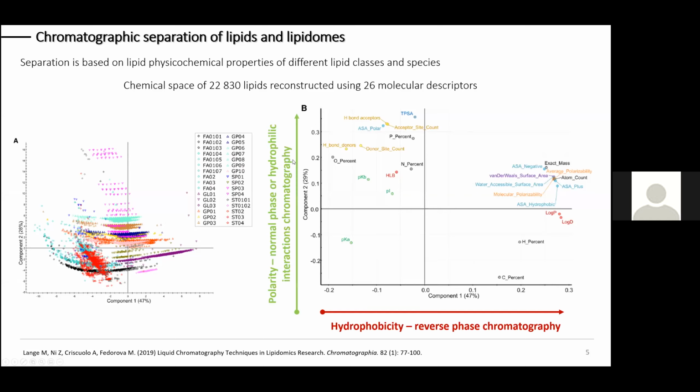And that actually perfectly fits the two main chromatography methods used in lipidomics, when we separate our lipids based on their hydrophobicity using reverse phase chromatography, or, the other way, we can separate our lipids based on their polarities.